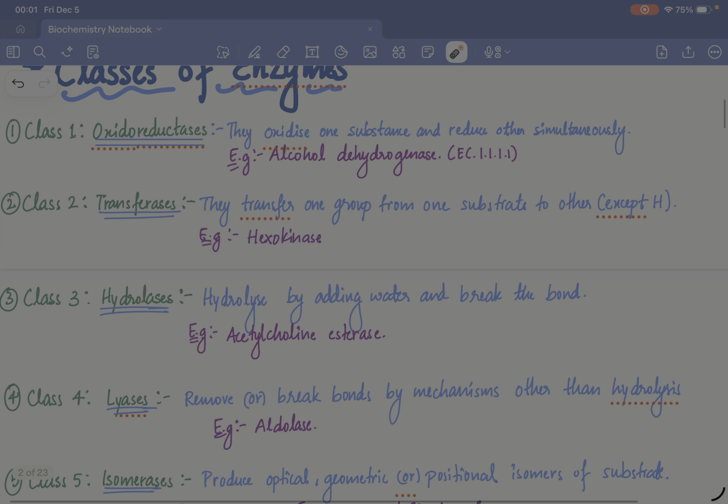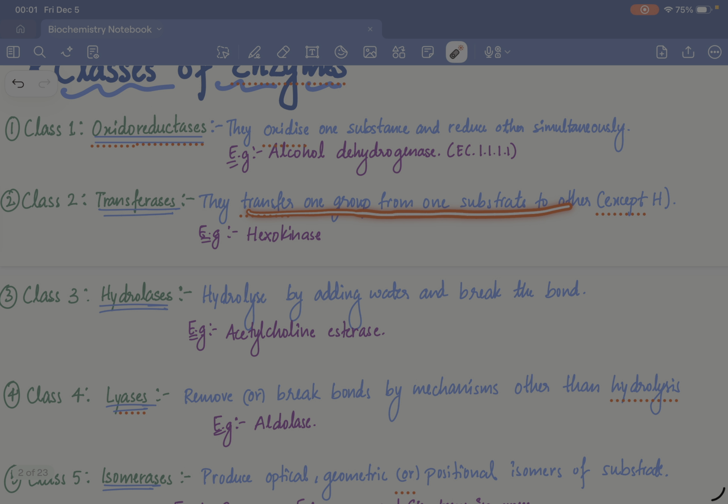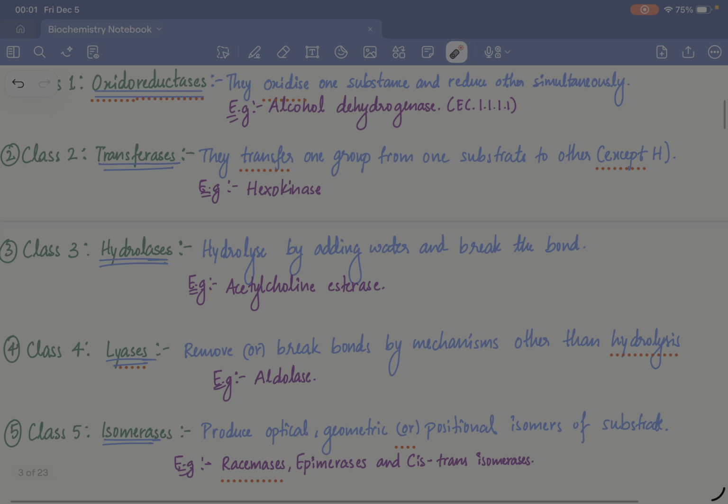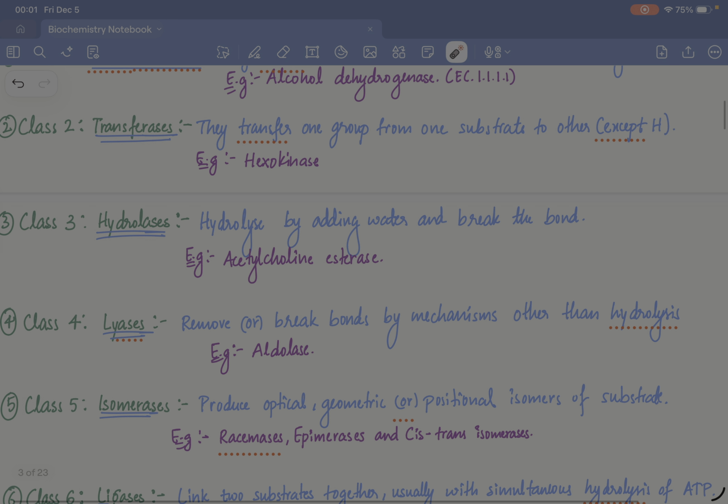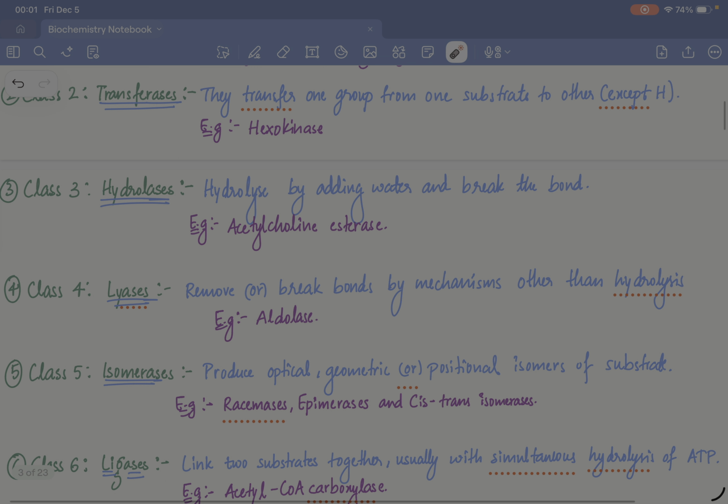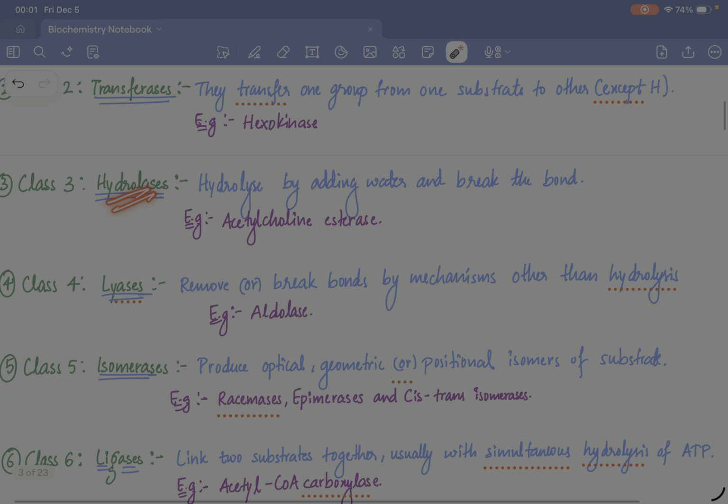Okay, then coming to the second class, that is transferases. They transfer one group from one substrate to another except hydrogen, because if hydrogen is transferred, it is known as oxidoreductases, right? Yes. Next, coming to hydrolases. Hydrolases hydrolyze by adding water and breaking the bond.